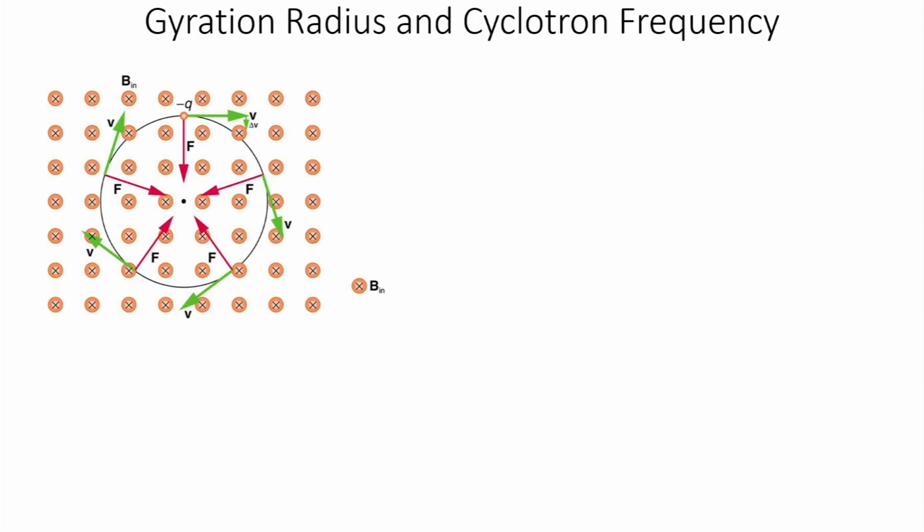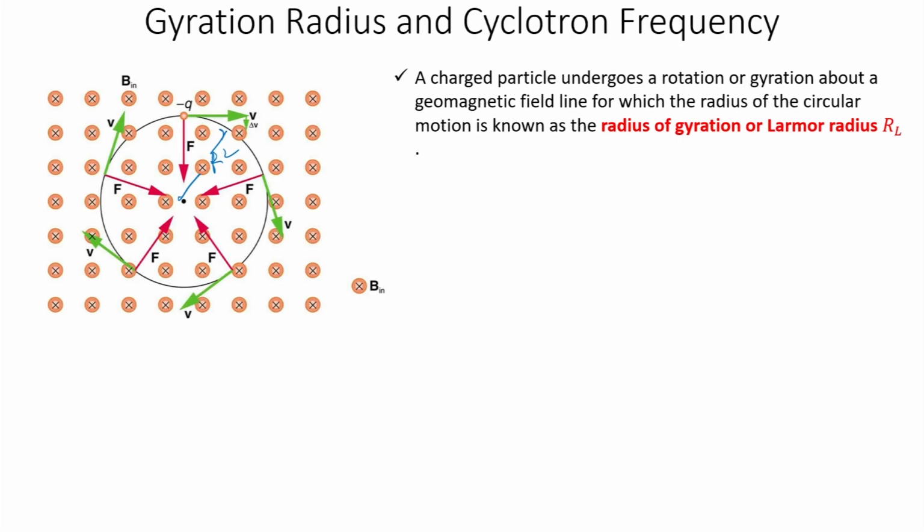This will be the gyration radius, and we will call it R L. We can form a simple differential equation and solve it to get this expression, which is also called the Larmor radius or the radius of gyration.